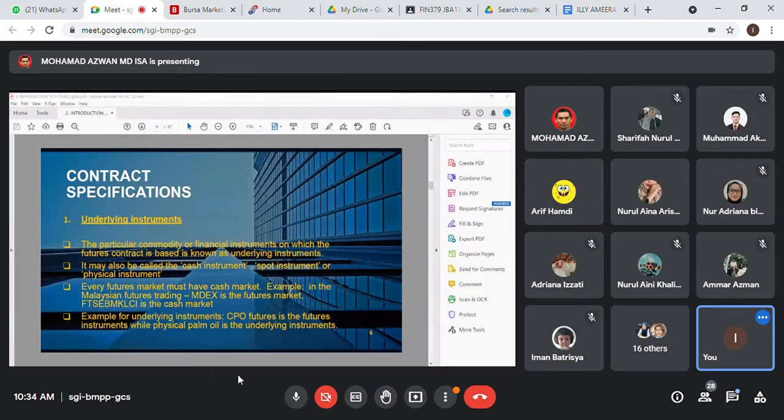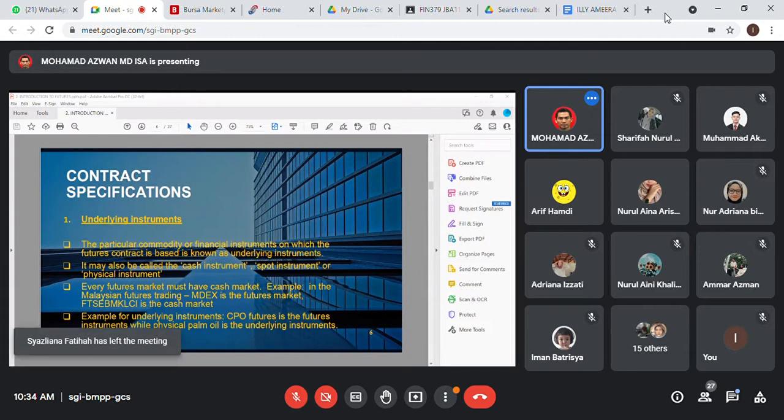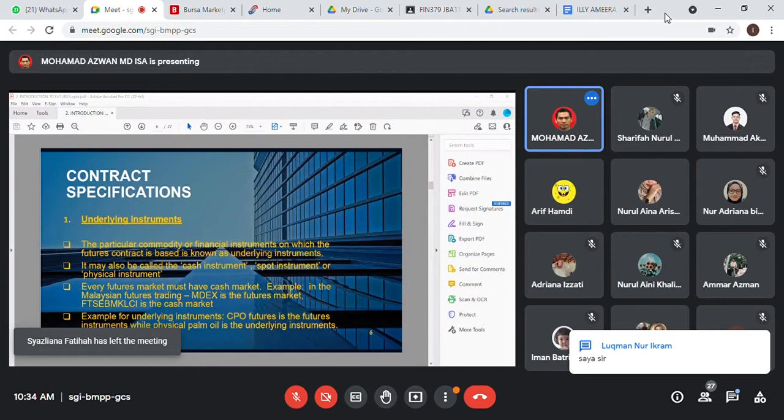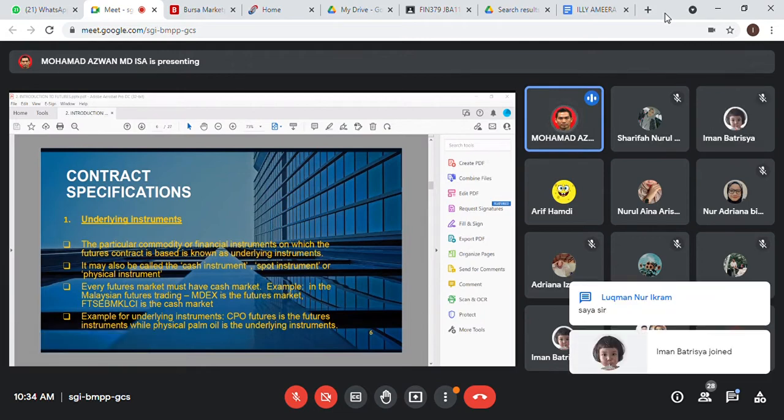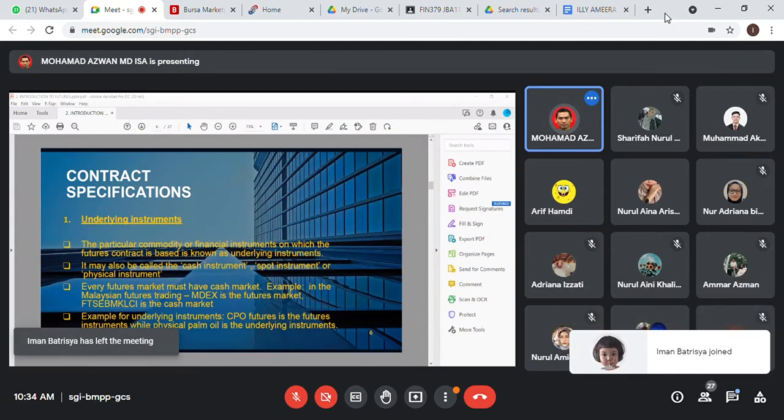Okay, that is the underlying instrument for FKB3. Underlying means the cash market instrument. And then Lukman, ada. What is the underlying instrument for FMG3?